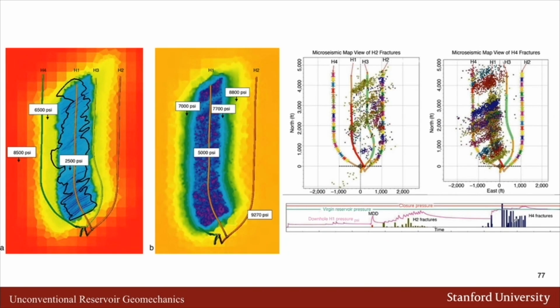So if we come back here and look at this case, what we saw was the fractures were sucked into the depleted zone around H1 due to this large change in the least principal stress, but the orientation of the stresses wasn't affected at all. The orientation of the stress is exactly consistent with the regional picture.